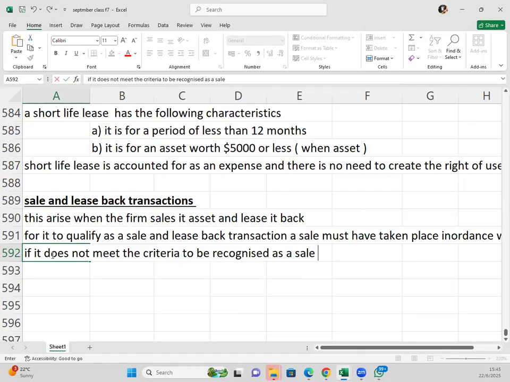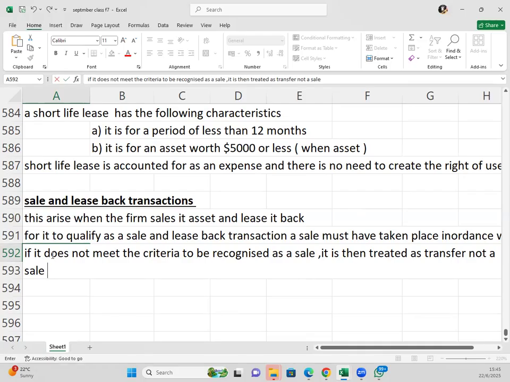If it does not meet the criteria to be recognized as a sale, it is then treated as a transfer, not a sale. So we'll talk about the criteria today of when we can say a sale has taken place.